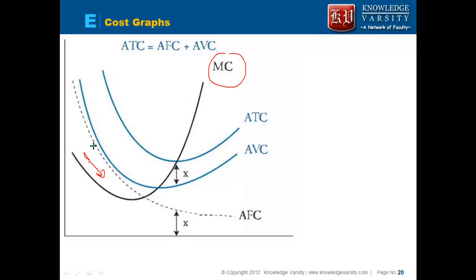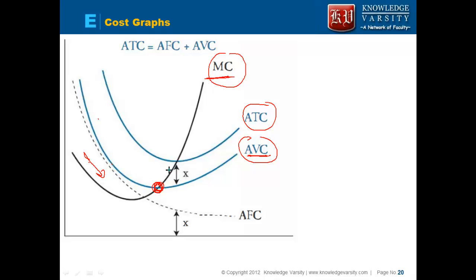When the marginal cost reduces, your average variable cost and average total cost will also reduce. As long as the marginal cost is below your average variable cost, your average variable cost will reduce. So this point where the marginal cost is equal to the average variable cost is the minimum of average variable cost. If marginal cost is more than average variable cost, your average variable cost will increase.